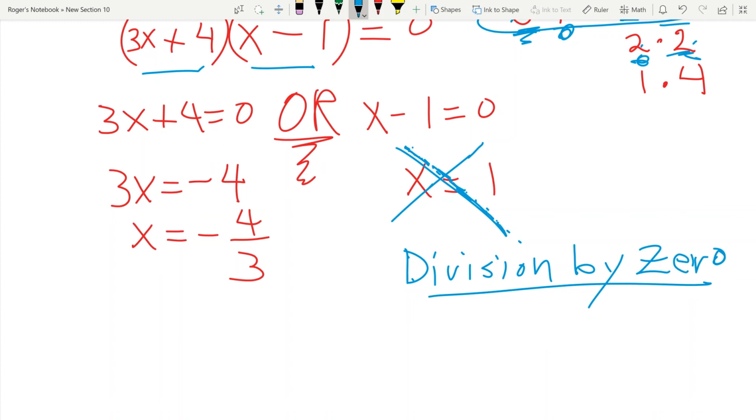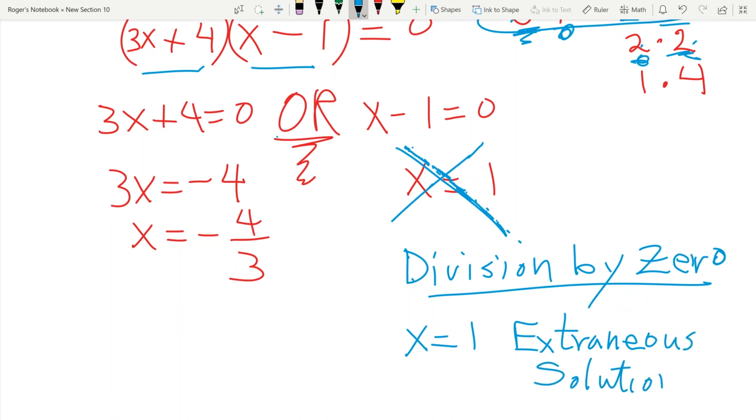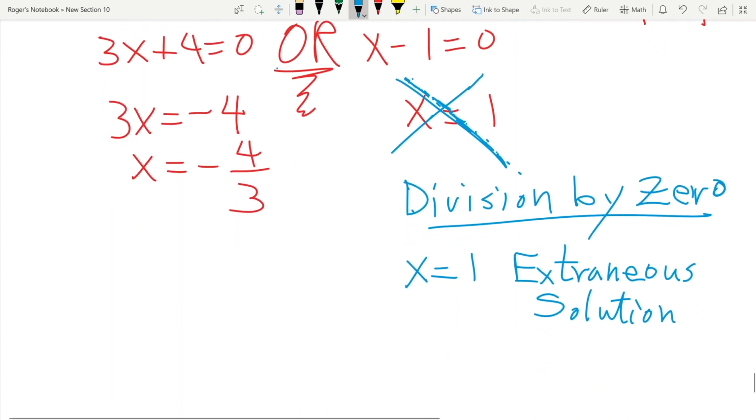Okay, division by 0. And what is this called? X equal to 1 is what type of solution? It's an extraneous, remember that? Solution. Which is really to say it's not a solution at all, right? Doesn't work because it's division by 0.